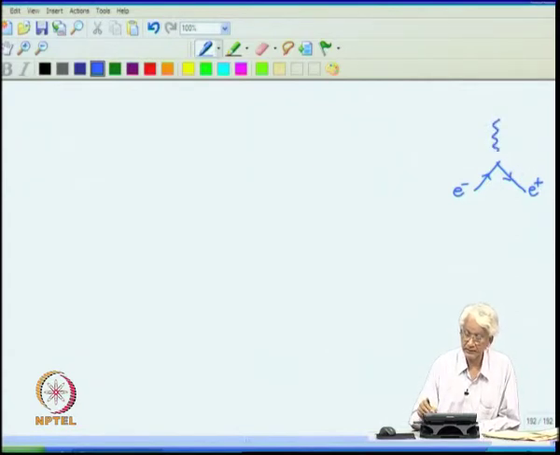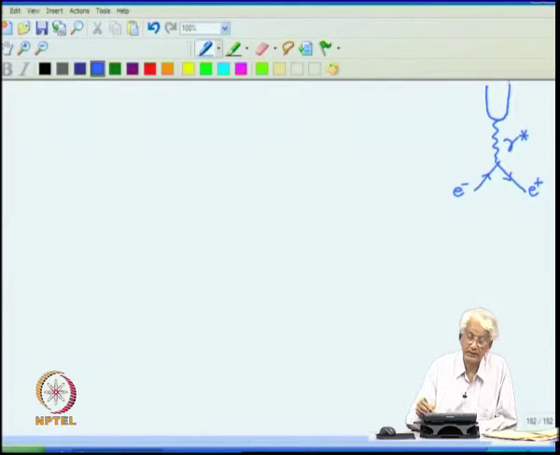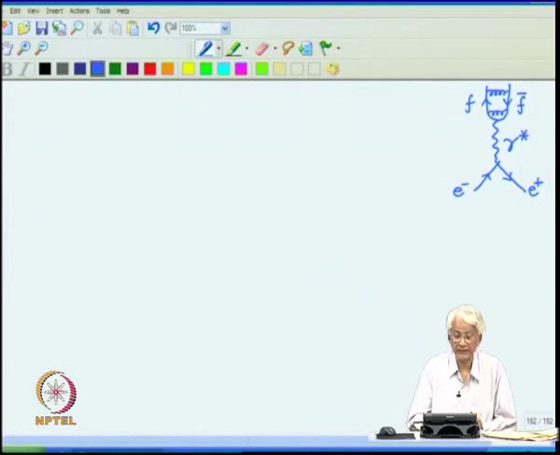So, there is an electron and positron which annihilate into a virtual photon, but now the f and f bar are not flying away from each other, but they remain together, constrained by whatever the force that may be bounding the fermion antifermion pair with each other.